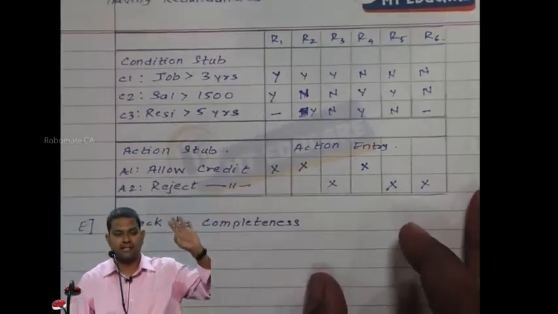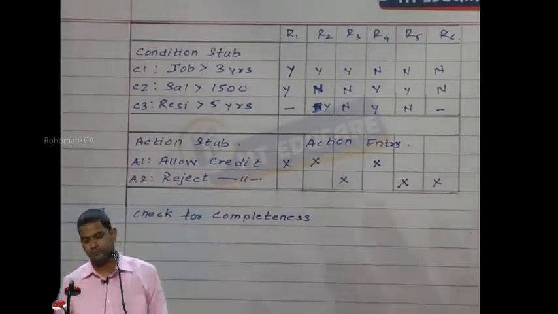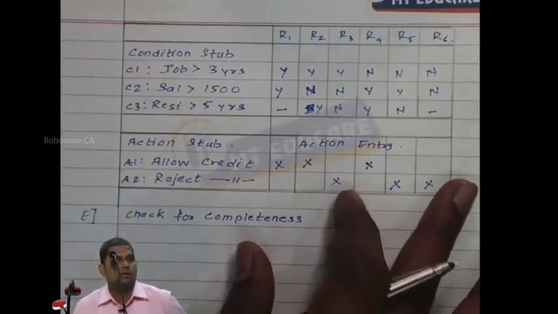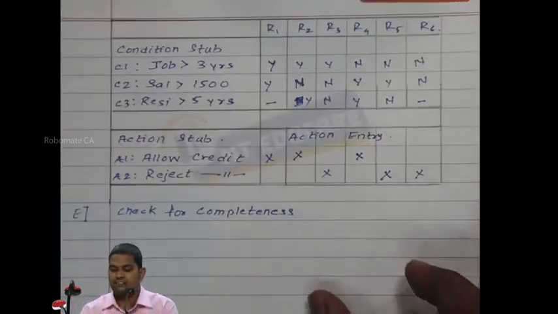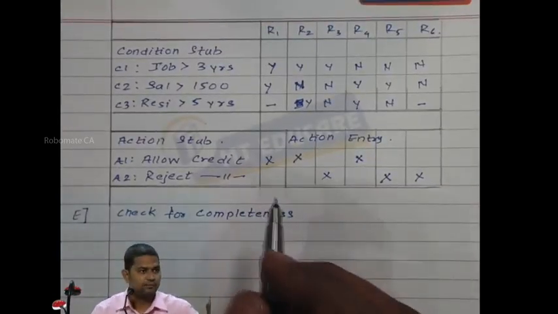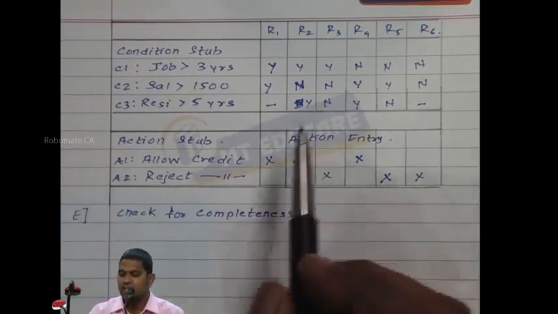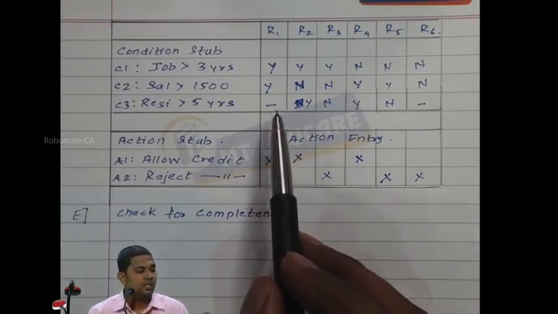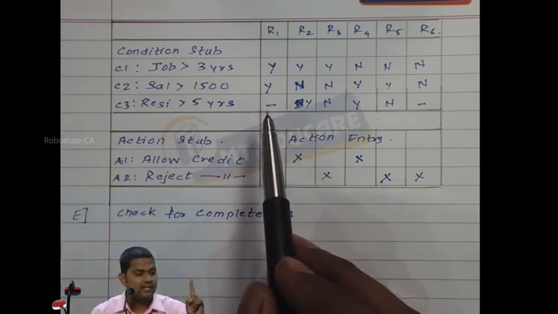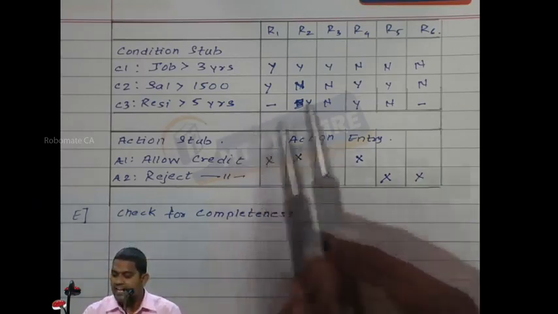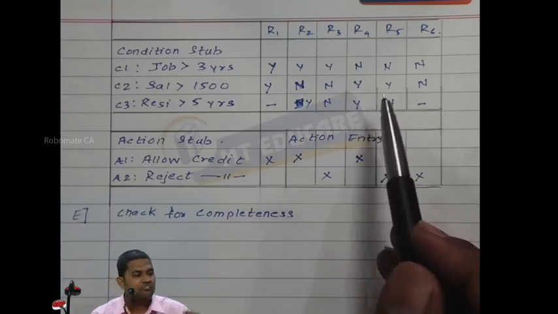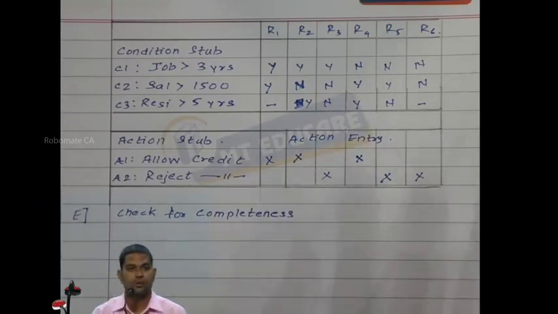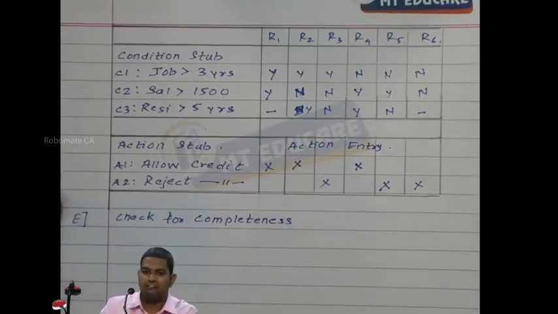Now how the completeness will be checked? See, listen. Whenever you see a dash, okay, you have to consider it as 1. Okay? And if there is no dash, you have to consider it as 0. Computing is all about zeros and ones.